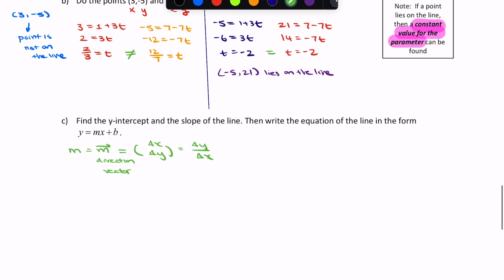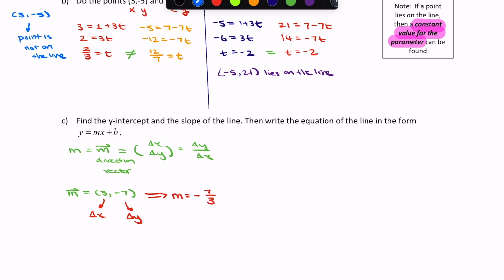If we look at our direction vector, that is equal to (3, -7). 3 represents our delta x, and -7 represents our delta y. And so that means that our slope is equal to -7/3.